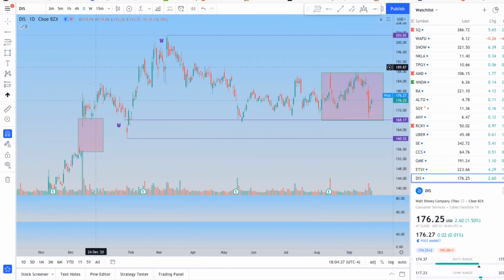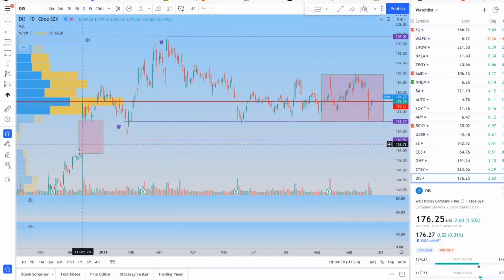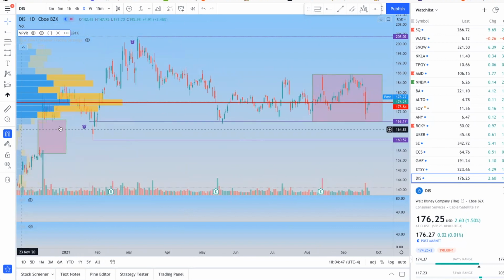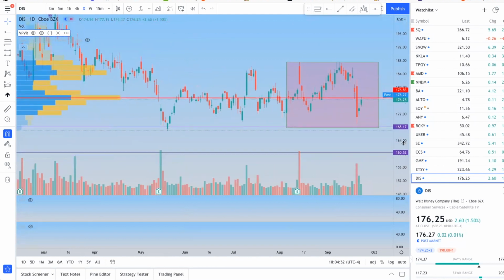That's why I always use the volume profile, because it tells you right here that for that range there's no volume whatsoever, of course, because it's a gap. But then what it also says is, if you scroll closer to today's price, you see what we call the volume shelf right here.